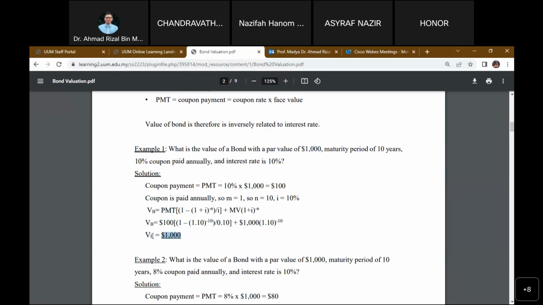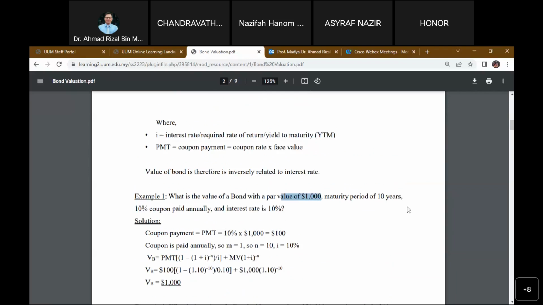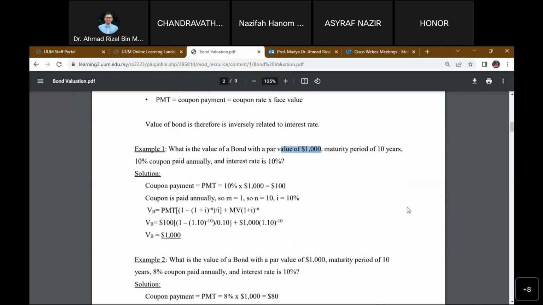So the value of 1,000 equals the par value of 1,000. This is so because of an important relationship: the coupon rate is equal to the interest rate here. Whenever the coupon rate is equal to the interest rate, or the required rate of return, or the yield to maturity, remember that interest rate, required rate of return and yield to maturity are interchangeable. They are the same.